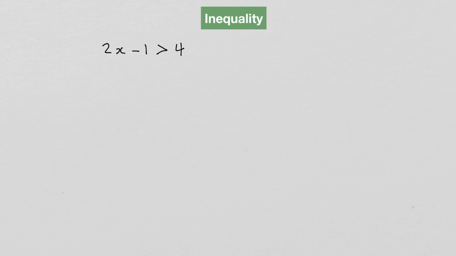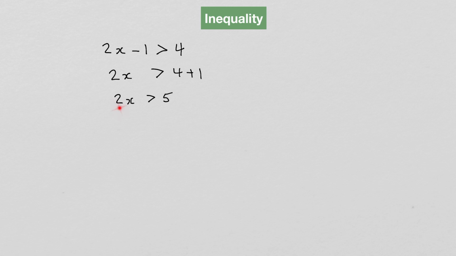In other words, you're going to move the -1 over to the right side. To do that, we need to add 1 to both sides. So then we get 2x, and we keep the sign the same, is greater than 4 plus 1. Then we combine the 4 plus 1, and we get 2x is greater than 5.